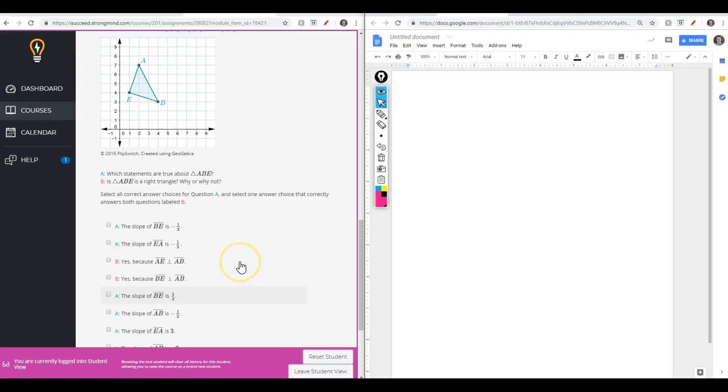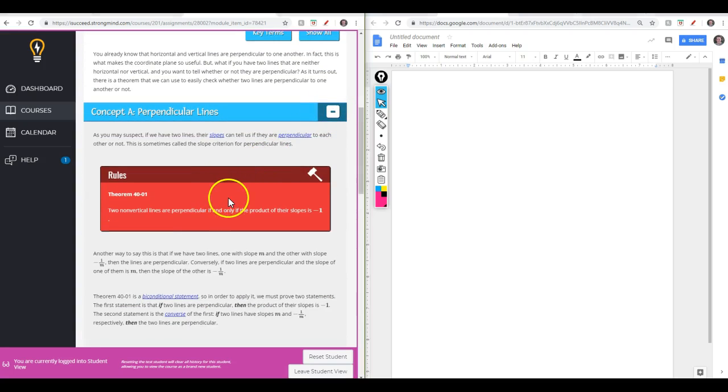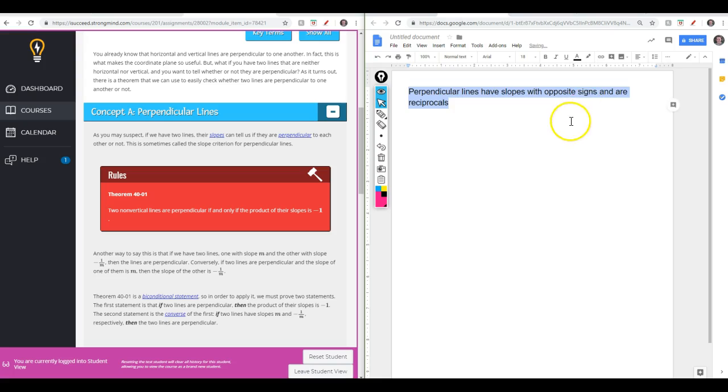So I'm going to be using the knowledge about perpendicular lines: perpendicular lines have slopes with opposite signs and are reciprocals. Reciprocals means that the fractions look like they've been flipped on their head.